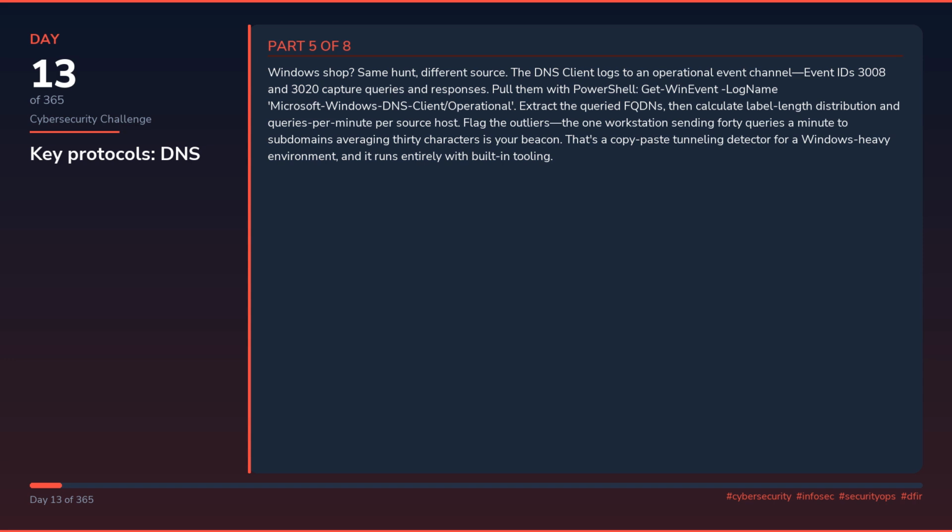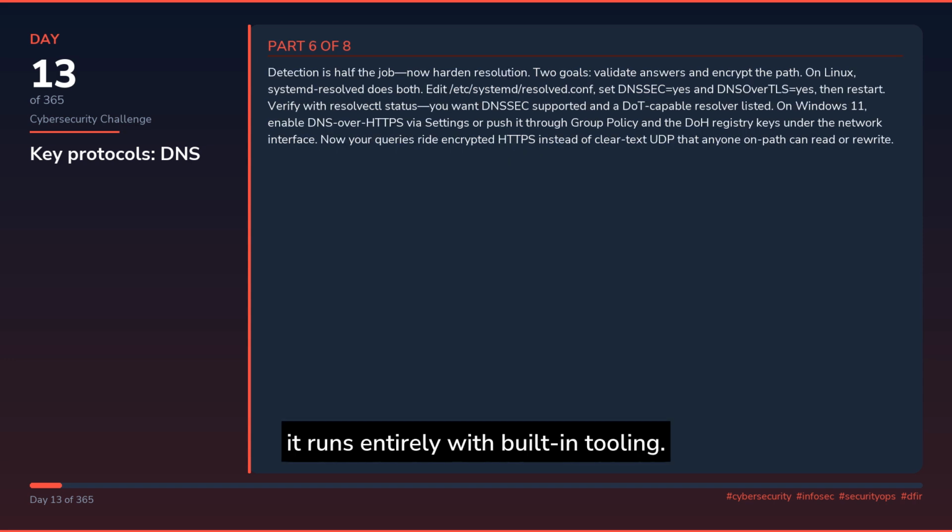Extract the queried FQDNs, then calculate label length distribution and queries per minute per source host. Flag the outliers, the one workstation sending 40 queries a minute to subdomains averaging 30 characters is your beacon. That's a copy-paste tunneling detector for a Windows-heavy environment, and it runs entirely with built-in tooling.